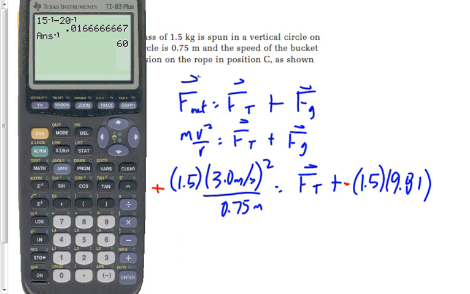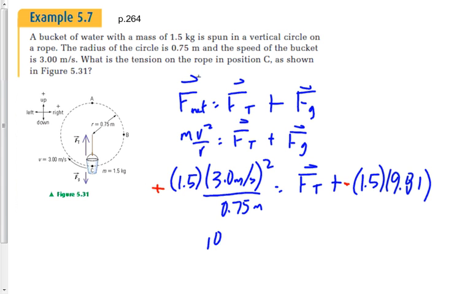Okay, let's do this on our calculator. Let's get the left-hand side here. Let's say 1.5 times 3 squared, divide that by 0.75. On the left-hand side, we have 18. Let's write that down there. Positive 18 is equal to Ft minus 14.93. Is that right?